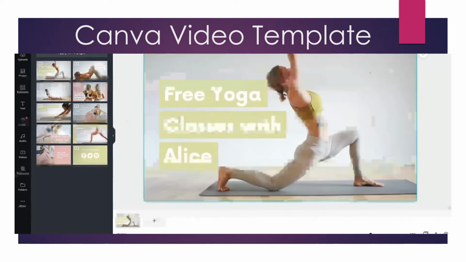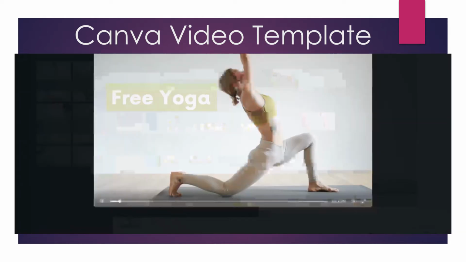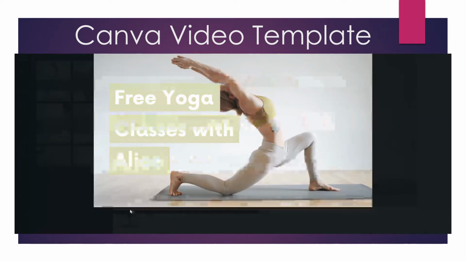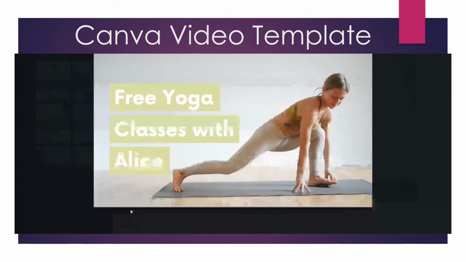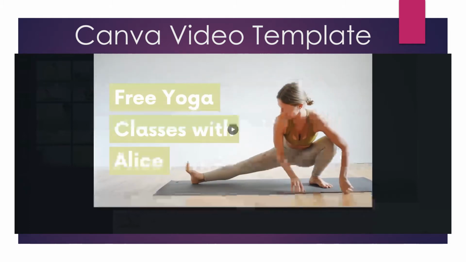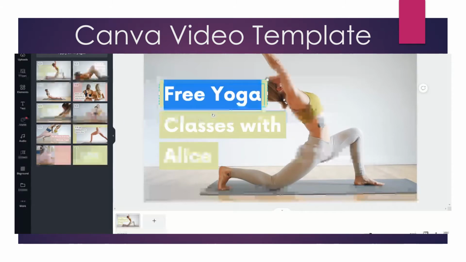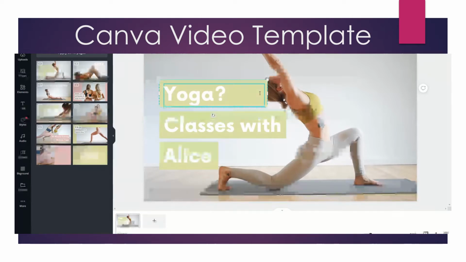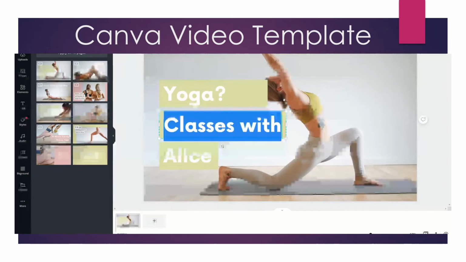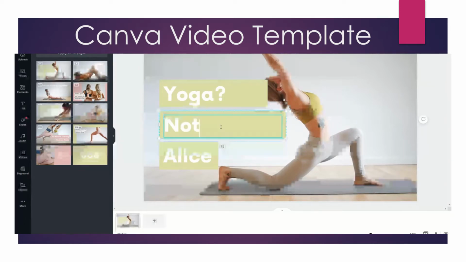And just to kind of test it out, I'm going to go up here and hit play. And this will give you an idea of what it will look like when you post it on your platform. So I'm going to close it. And now I'm just going to click in one of the pre-made boxes and type something in. Yoga. And then you can double click to highlight the whole box.